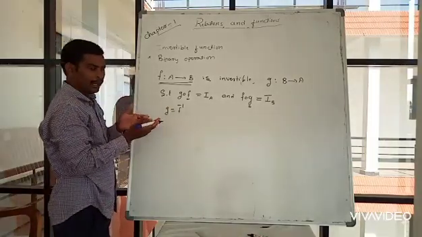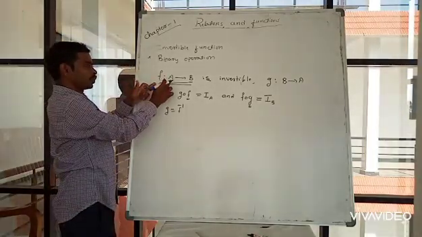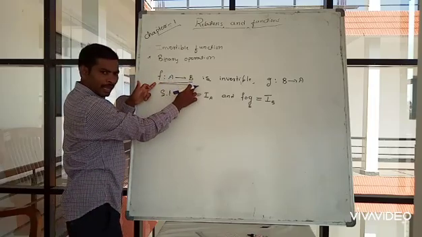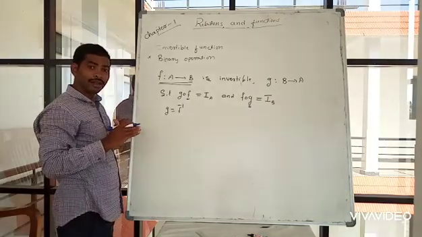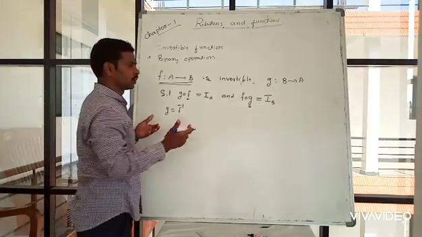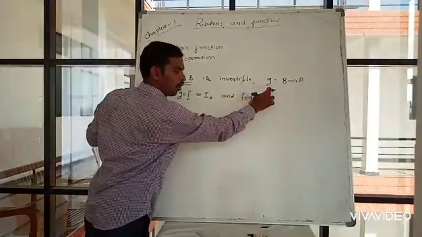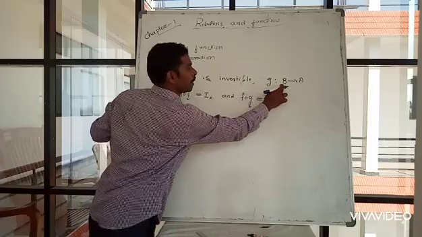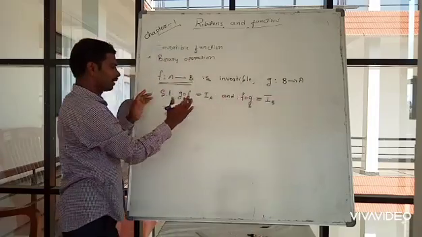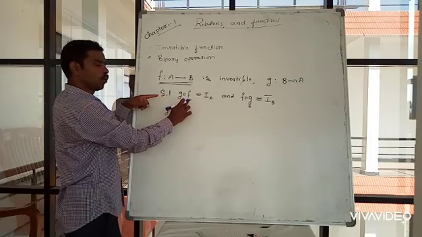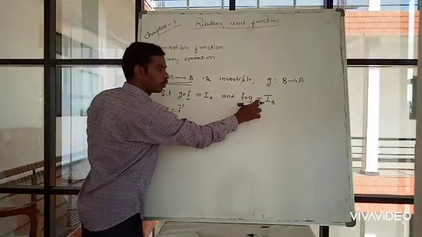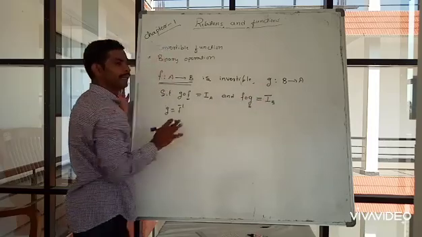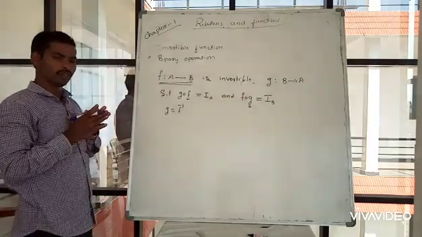So conversely, if f is a function from A to B that is both 1-1 and onto, then there always exists another function, call that G from B to A, such that their composition G o F is equal to the identity element and F o G is equal to the identity element in the domain of G, right?